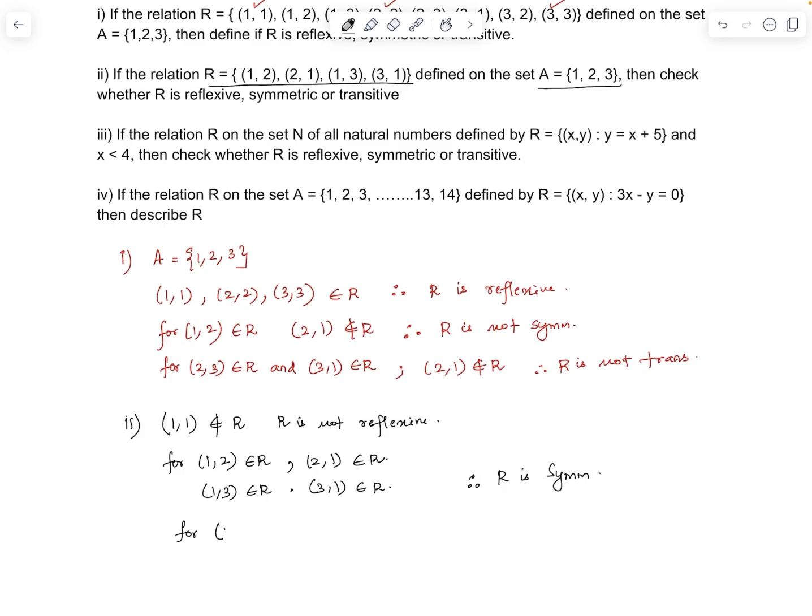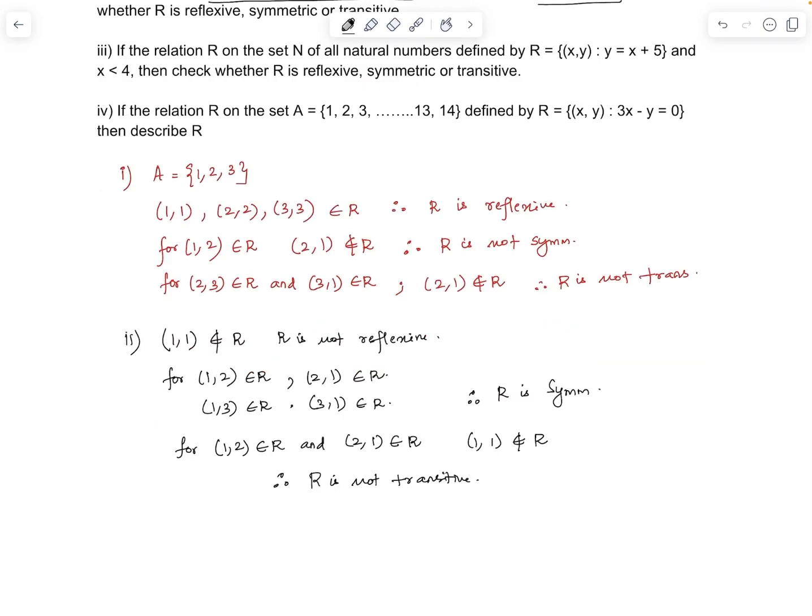For (1, 2) in R and (2, 1) in R, there is no (1, 1) in R. Therefore, R is not transitive. Putting it together, R is only symmetric. It is neither reflexive nor transitive.